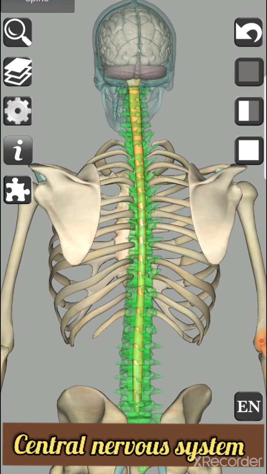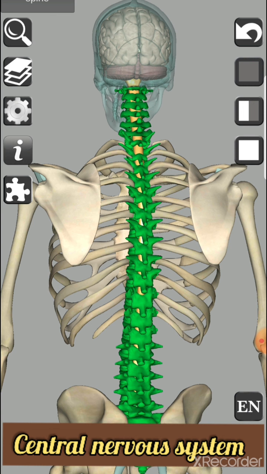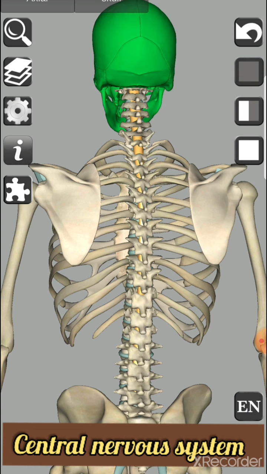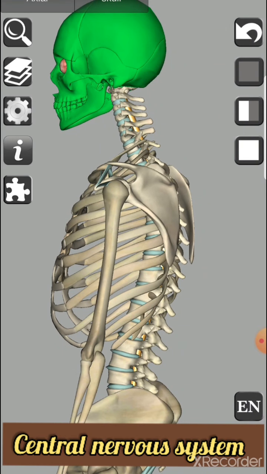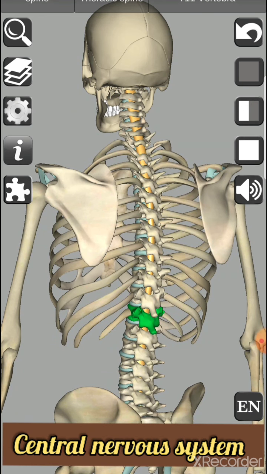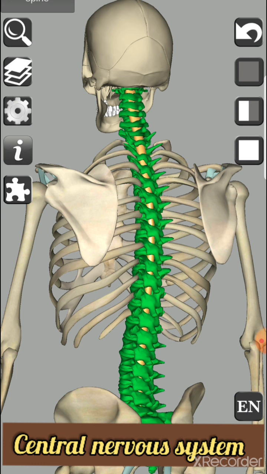Our vertebral column is there to protect our spinal cord. And our brain is protected by the skull. As our brain and spinal cord are both very delicate, they are protected by the bony skull and the vertebral column.